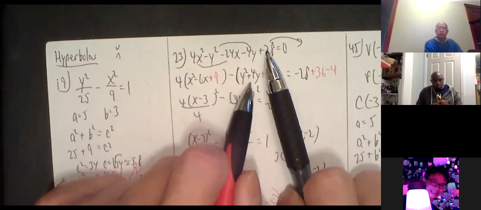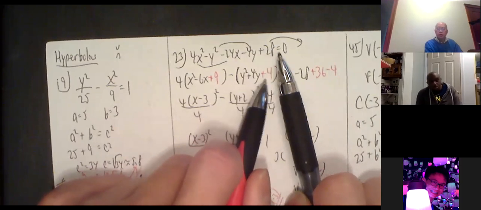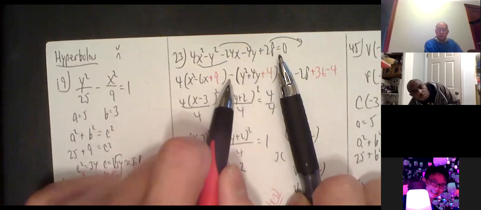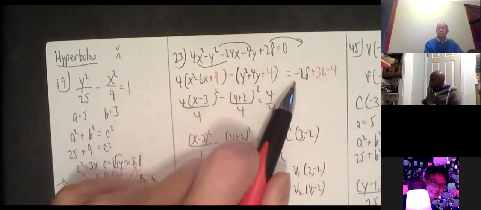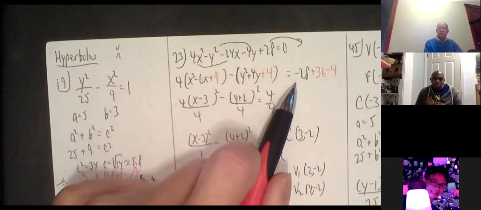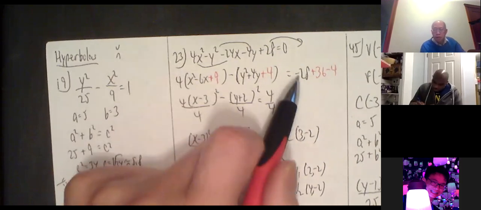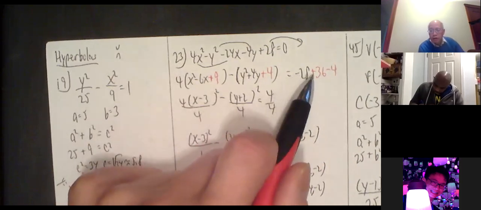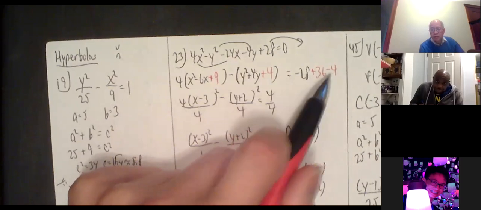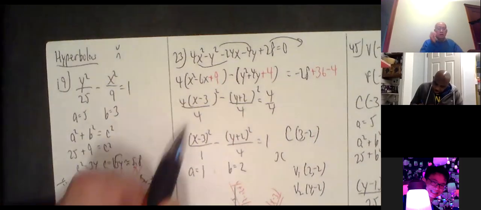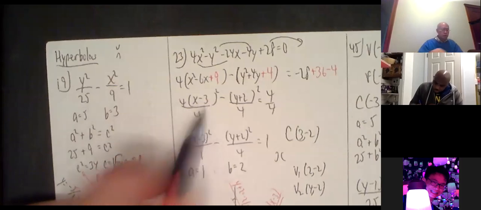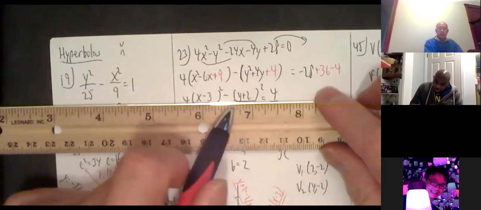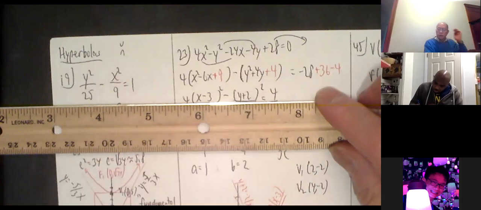Half of 4, 2. 2 squared is 4. So plus 4, but it's really a minus 4. So minus 4 there. Okay, this comes out to be 4. Negative 28 plus 36 is 8, minus 4 is 4. Factor these two. 4 times x minus 3 squared minus parentheses y plus 2 squared is equal to 4.